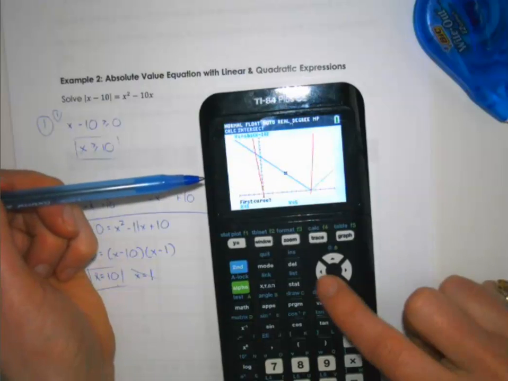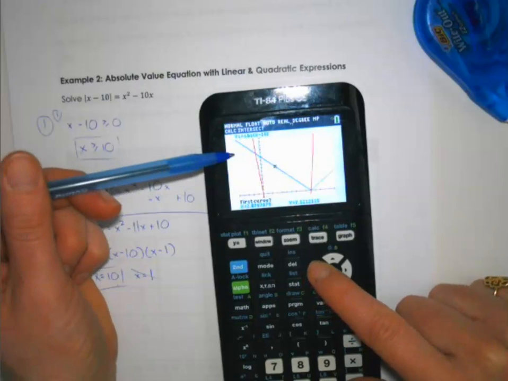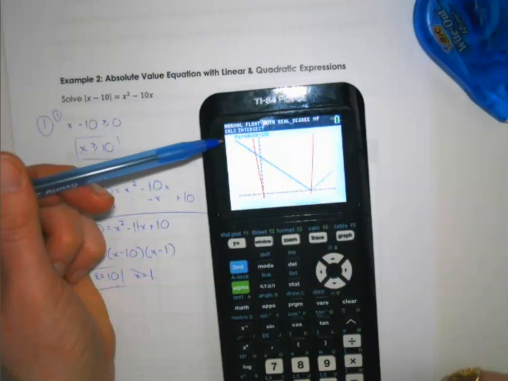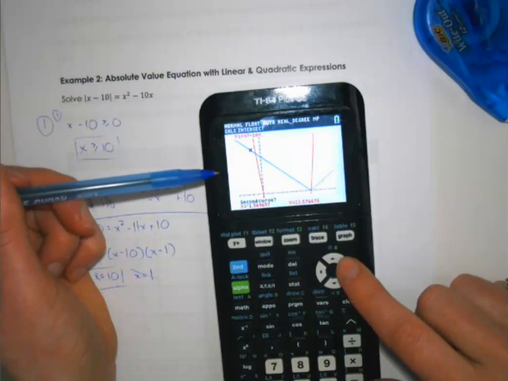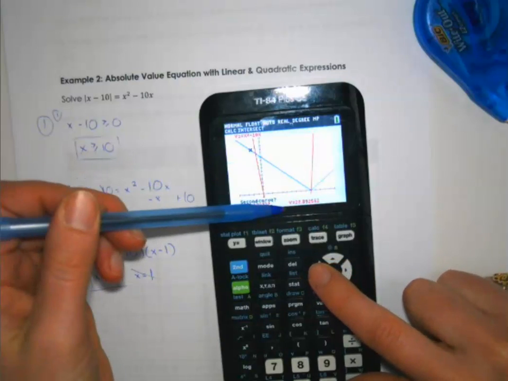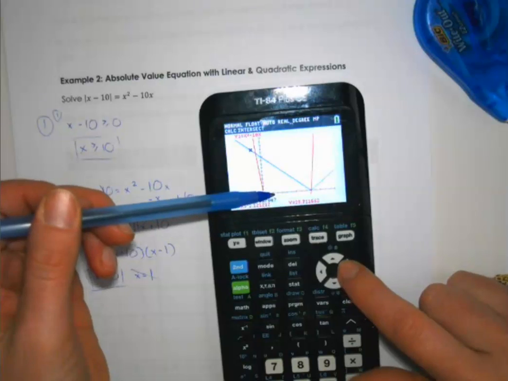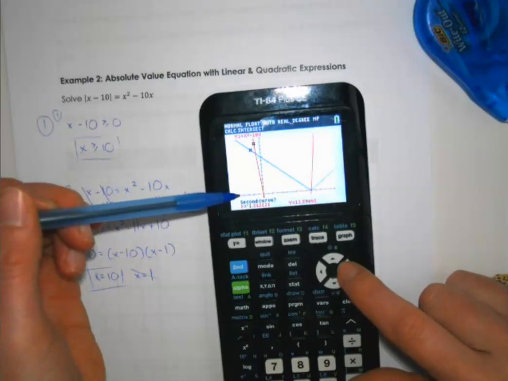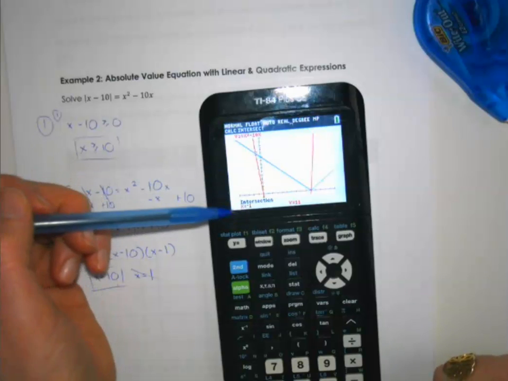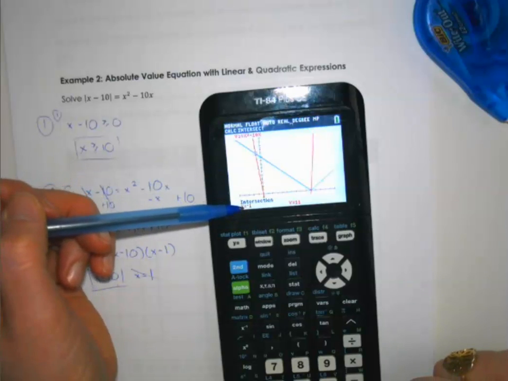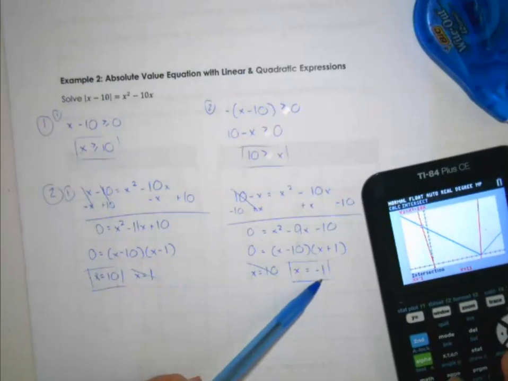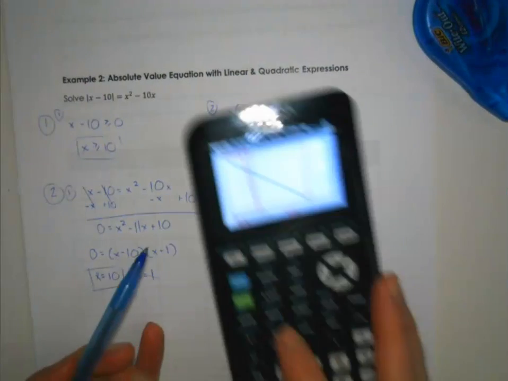So go down to intersect, try and go closer to the intersection point. First curve, second curve. There we go. It says the intersection point is at x equals negative 1, y equals 11, and we said x equals negative 1 would be a solution, so that one seems right.